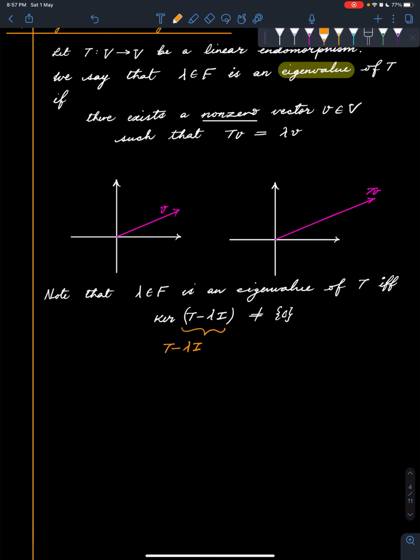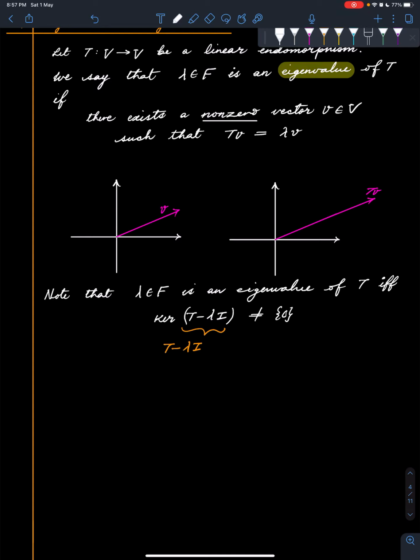So what do I mean by T minus lambda I? We have already noted that the space of all linear maps between two vector spaces is again a vector space where we add things and scale things in the natural way. So we already know what this means, but let me still say explicitly what it does to a vector.